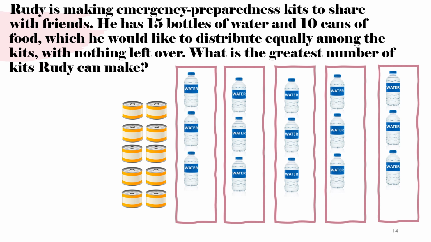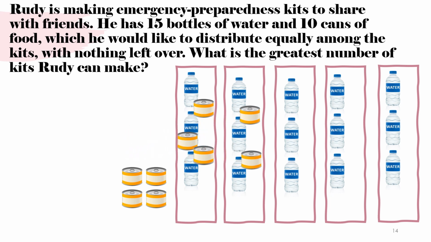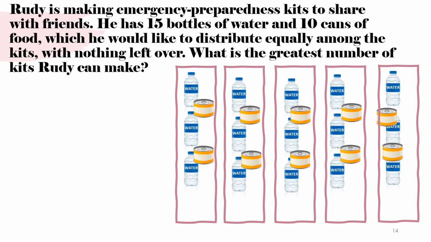All right, so since we have 10 cans of food, 10 divided by 5 is 2. That means each kit gets 2 cans of food. We have nothing left over, and so we know that this number of kits works.